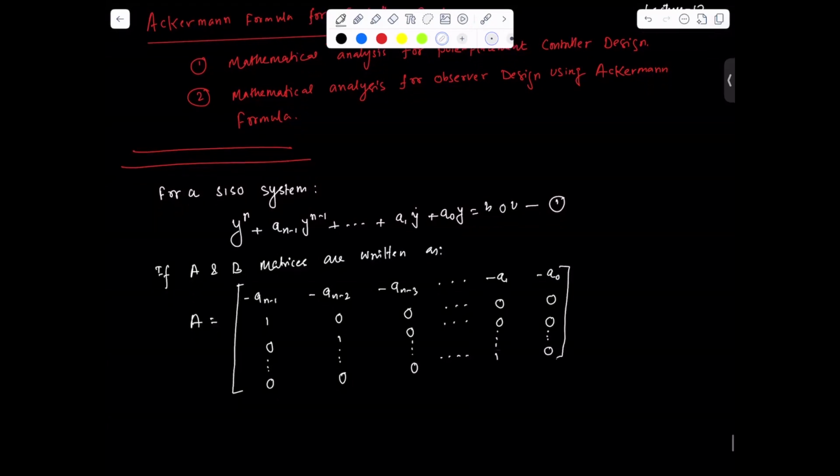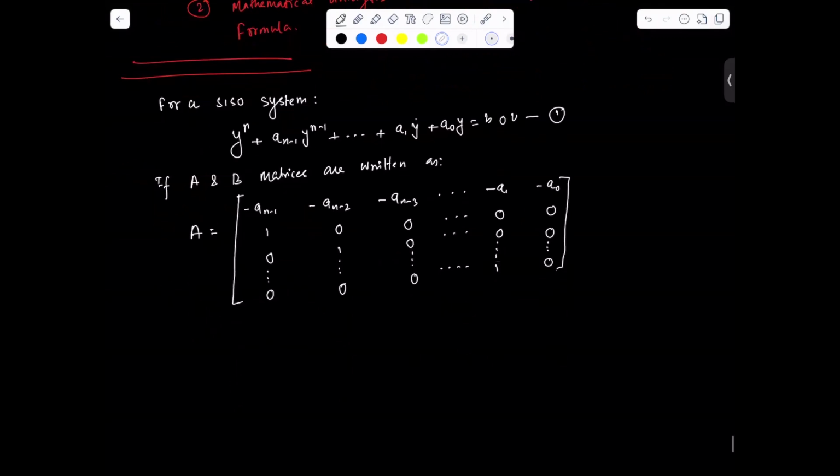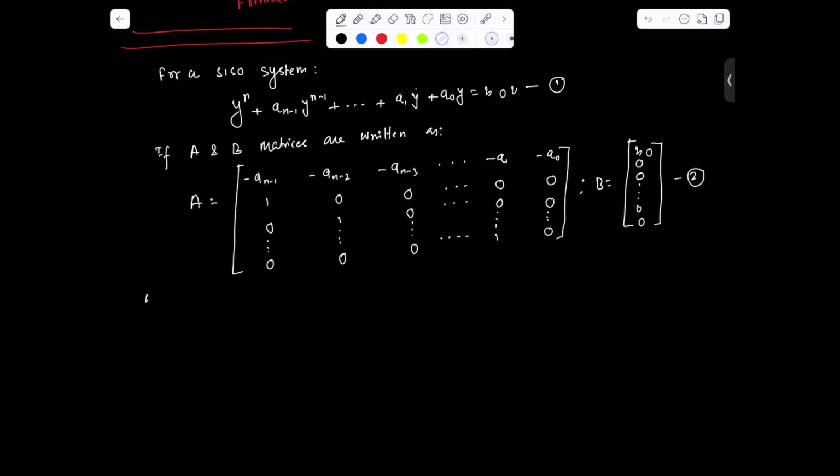This is the A matrix, and the B matrix is 1 0 0 0 0. Let us define this as equation number 2.